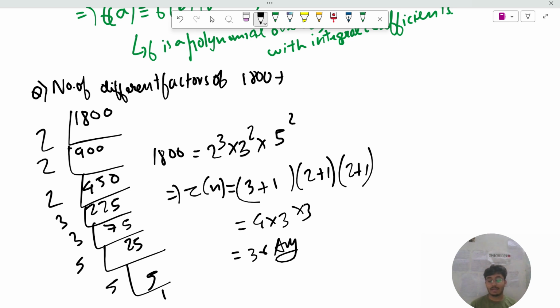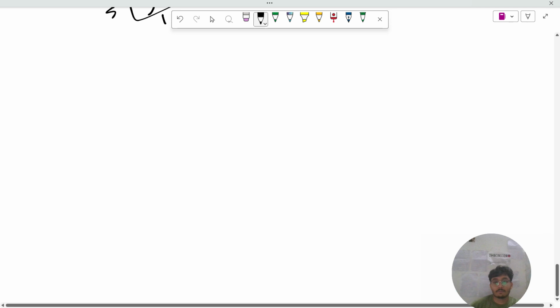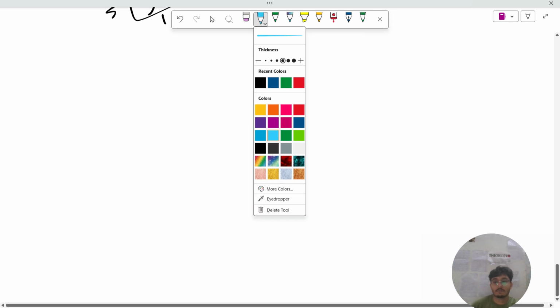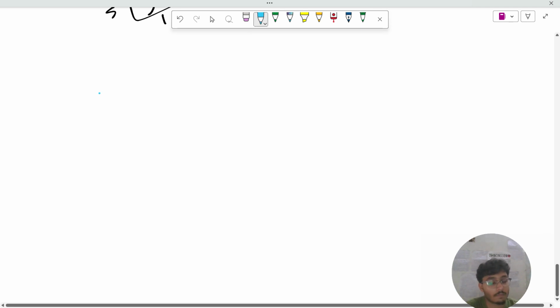But before that, I would like to do some important theorems, which will be very helpful while we are going for CRT, the Chinese remainder theorem, or Wilson's theorem.